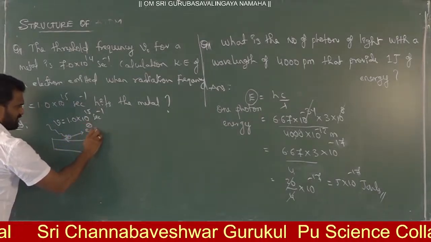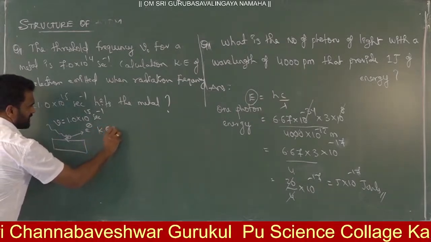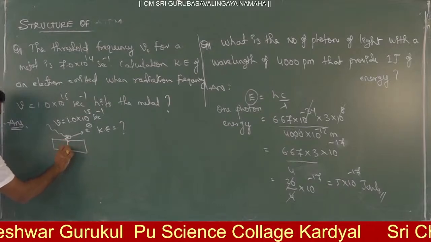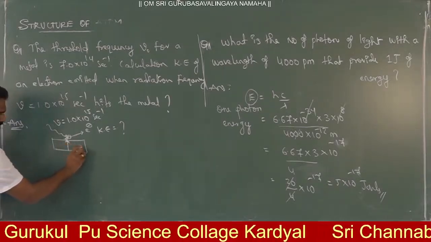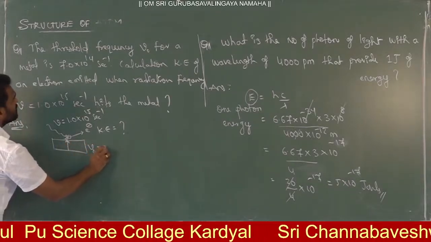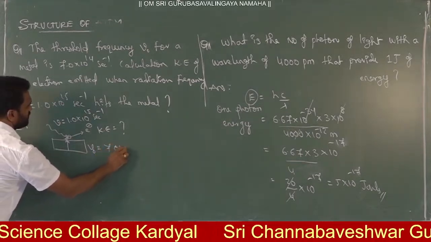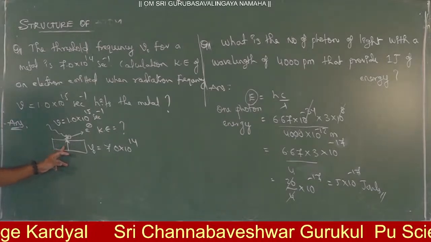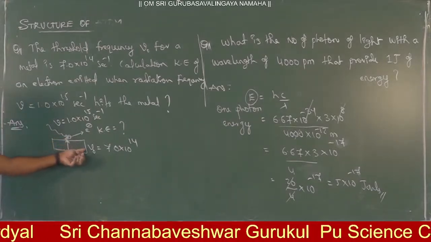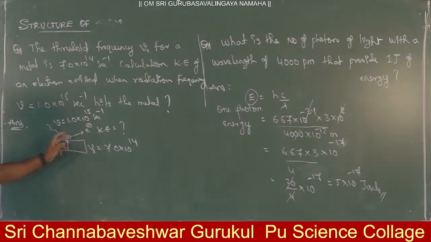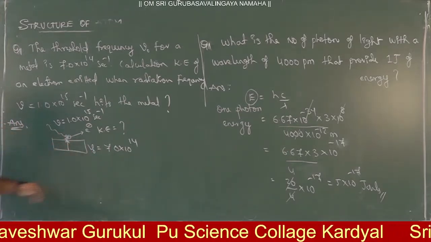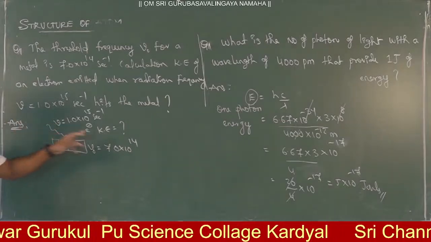Once it is ejected, it will get kinetic energy. This kinetic energy you have to calculate. There will be a work function, that means nuclear attraction. For this, nu naught is 7.0 into 10 power 14. Threshold frequency means the minimum frequency required to eject the electron from the nuclear attraction of the metal. That is the threshold frequency given, and they are asking the kinetic energy.